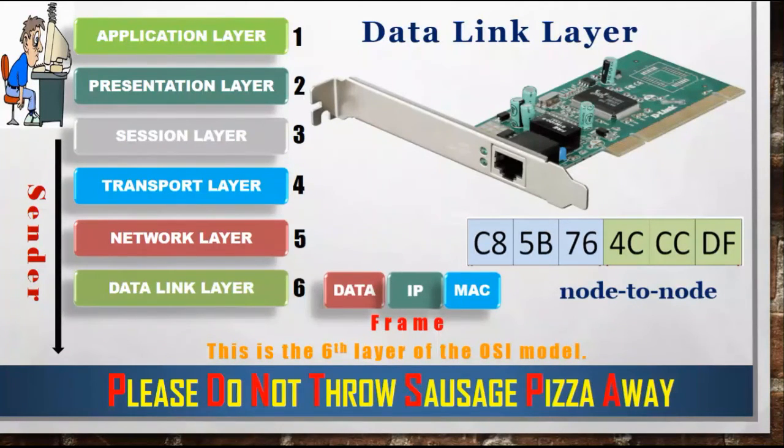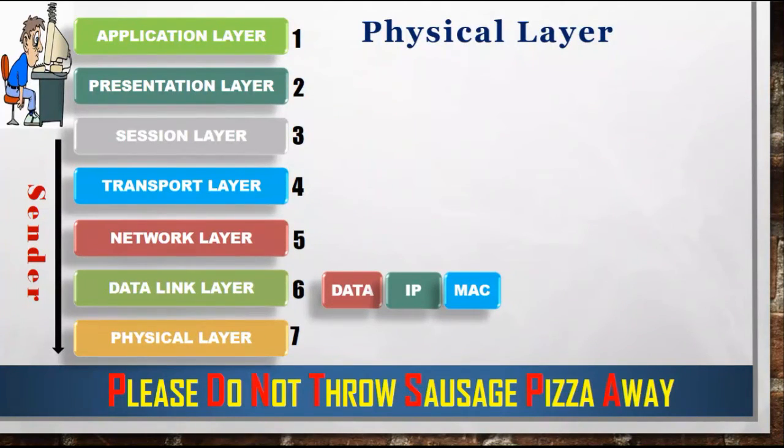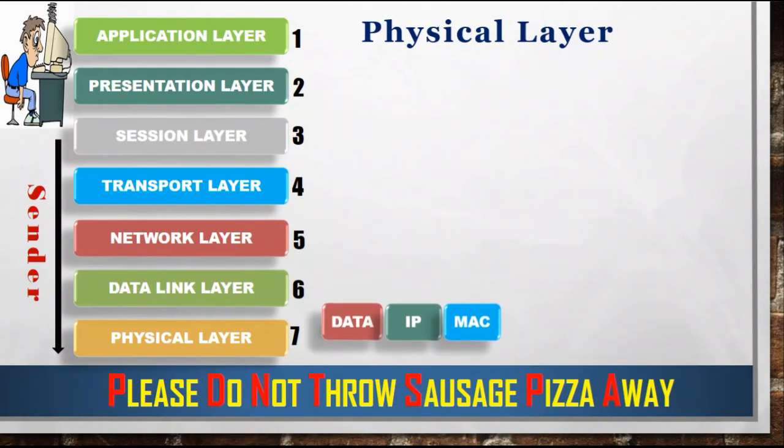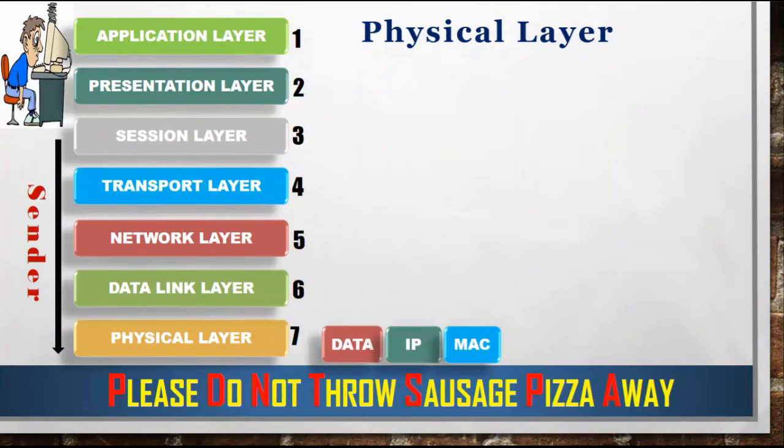And finally, at the bottom of our OSI model, we have the physical layer, where the data frame is moved, which is the last or seventh layer of the OSI model.